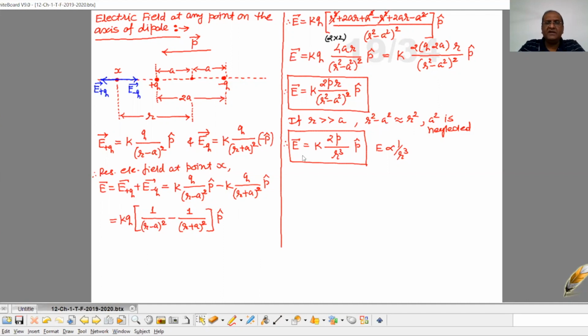So we can write E equal to k into 2p. If a square is neglected, then here we will get (r square) squared, that is r raised to 4. But in the numerator, 1 r is there. So 1 r from numerator and denominator will cancel. So we can write 2p upon r cube here into p caret as it is.